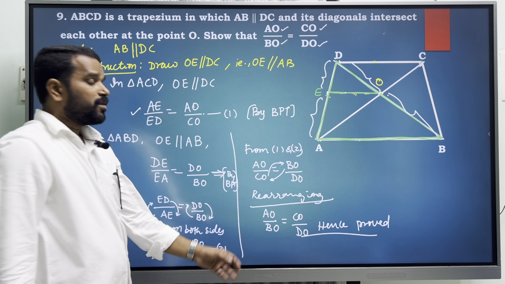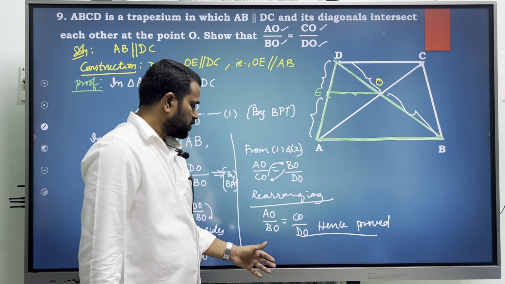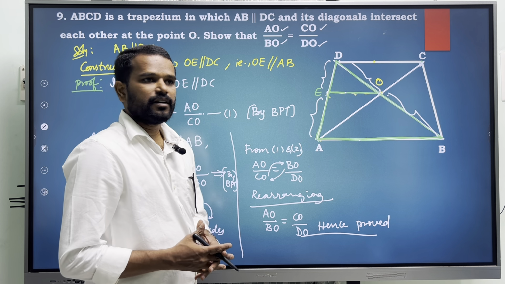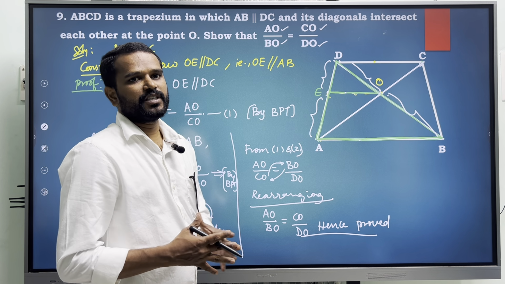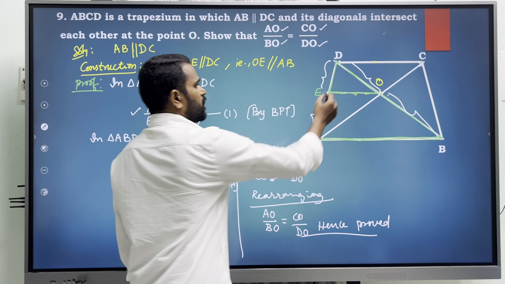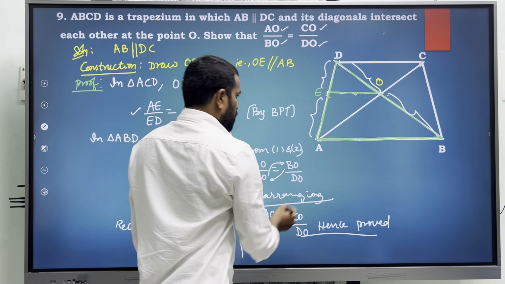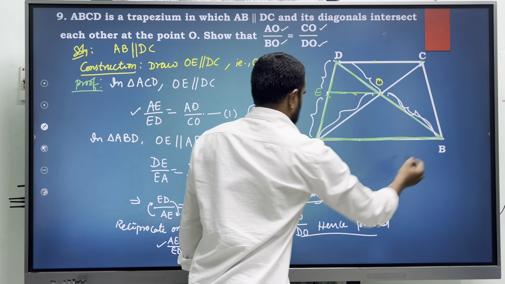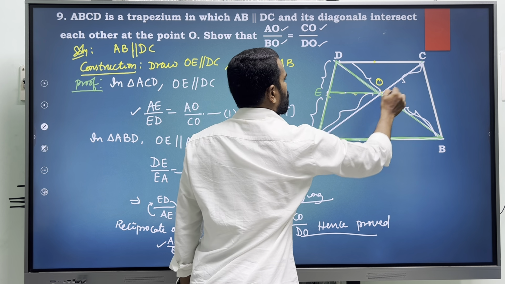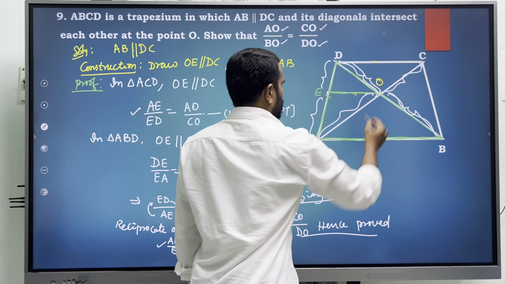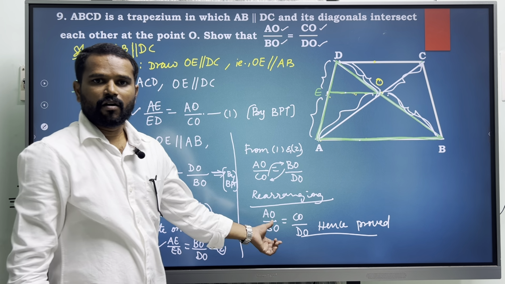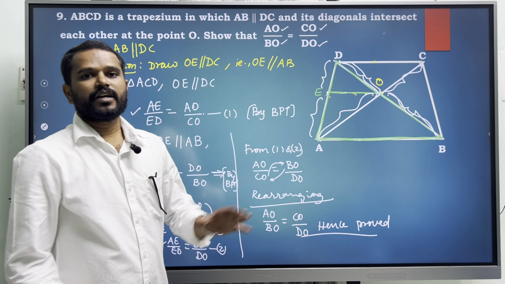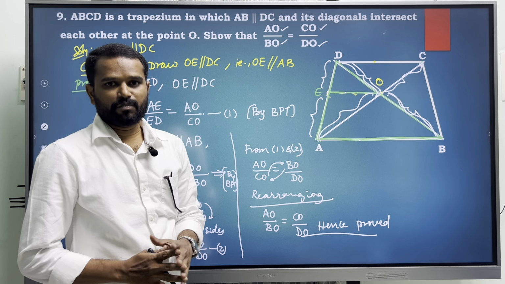So some trapezium problems, we can use this formula and say whether the given quadrilateral is a trapezium or not. If the ratios AO by BO and CO by DO are equal, then it can be said that the quadrilateral is a trapezium.